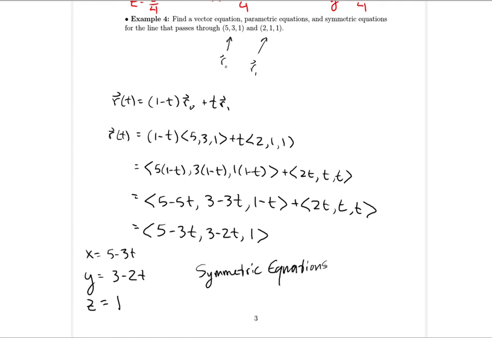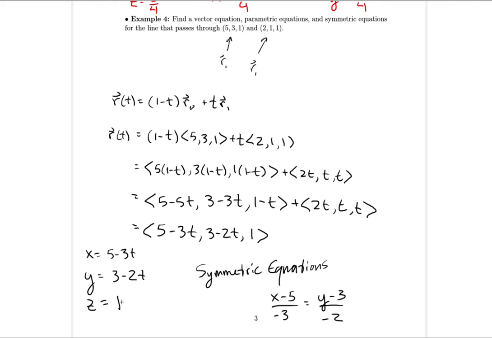Okay, this might be kind of awkward because we're used to taking our symmetric equations and saying, okay, well, let's take x minus some initial x value, which I'll say is 5, over the negative 3 is equal to y minus 3 over negative 2, but then there is no direction vector component for z, right?